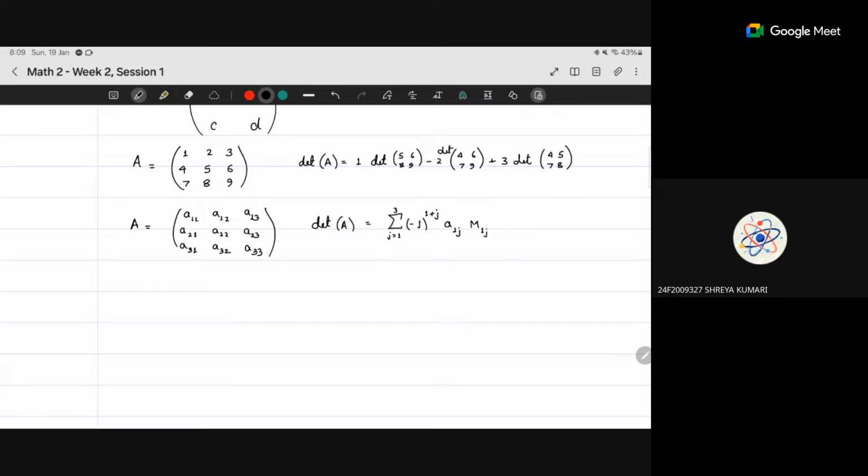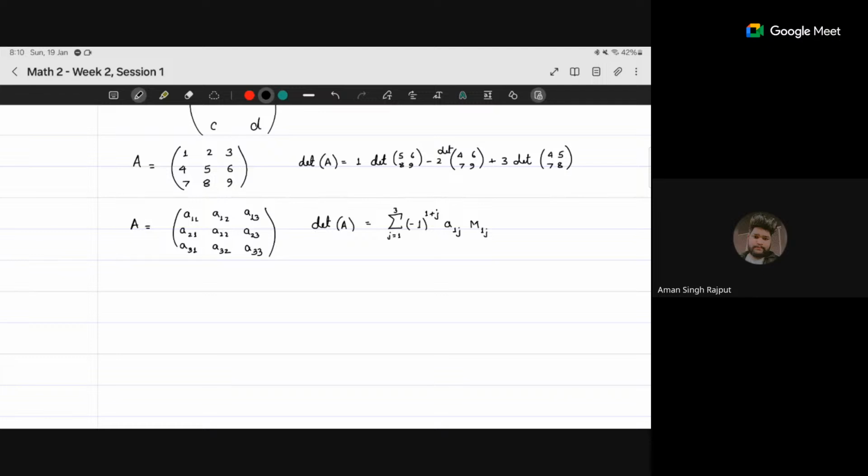It's just you take A11 and multiply it by the determinant of the matrix that remains after you remove the first row and the first column, then minus.